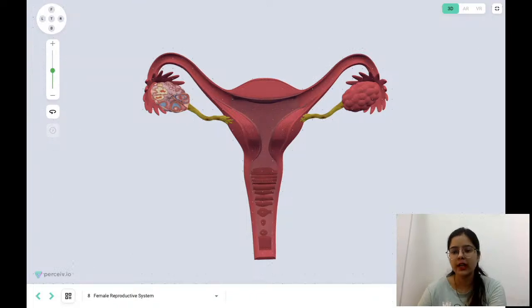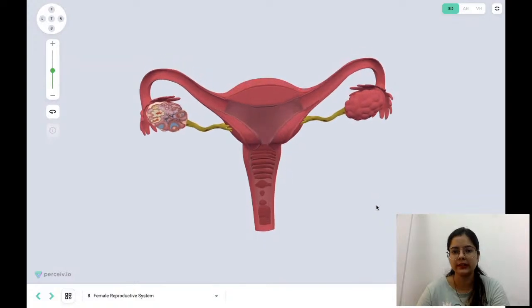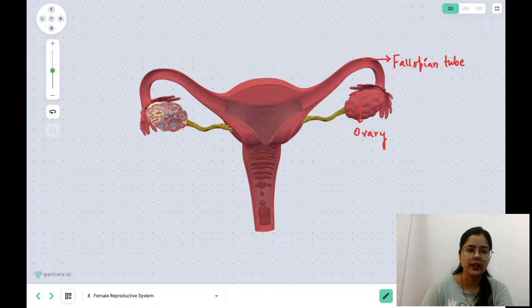So if I just move this model a little bit like this, so you can see this one is the ovary, and that one is the fallopian tube that we have seen. So here I am going to label it out. So this one is your infundibulum.